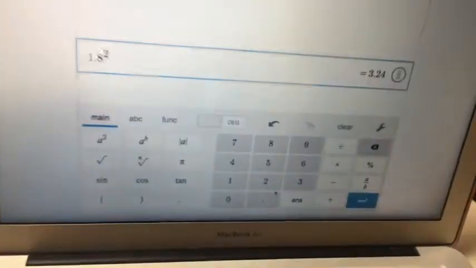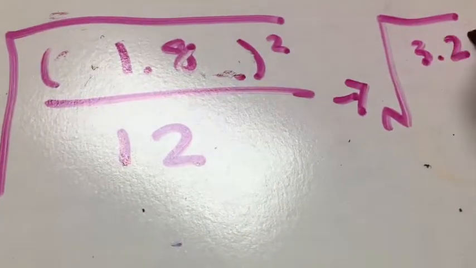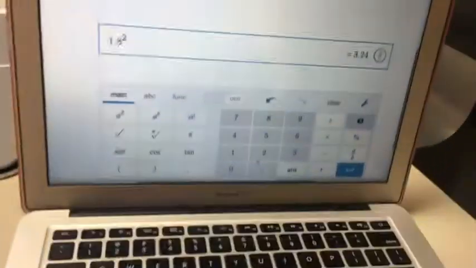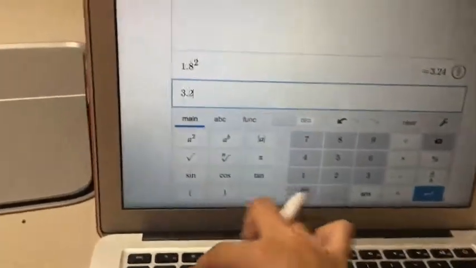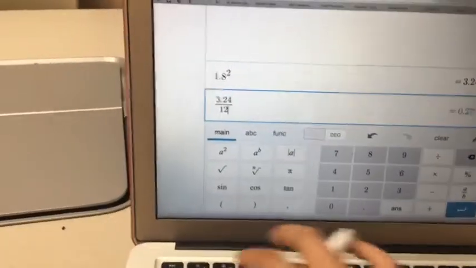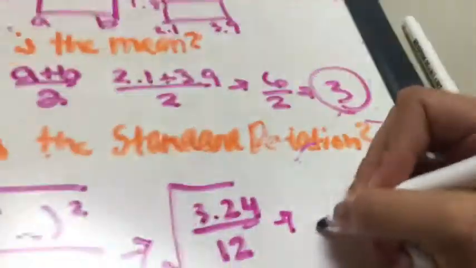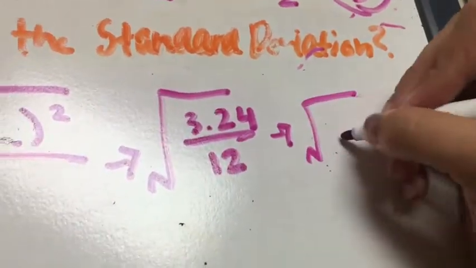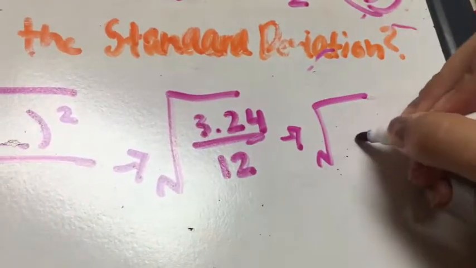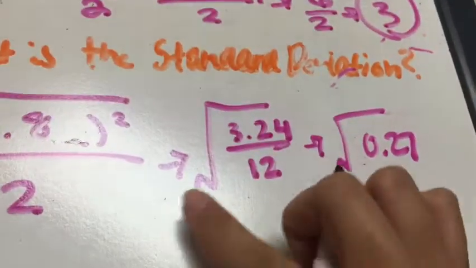Okay, so I got that. It was 3.24 divided by 12. 3.24 divided by 12 is 0.27. So this right here alone is 0.27, but you want to find the square root of that.